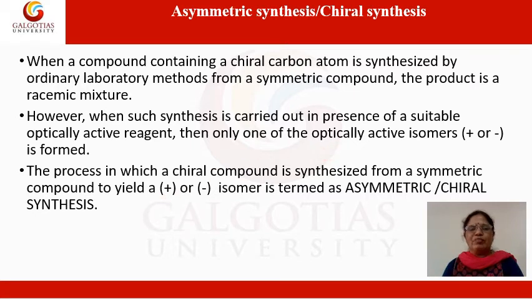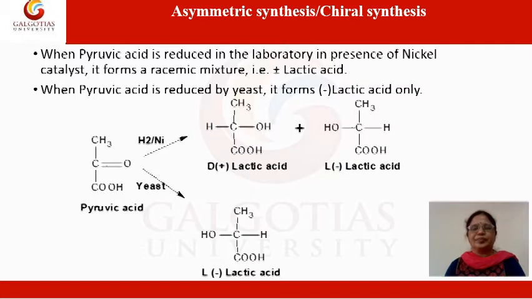So, from this we can easily understand the definition of chiral synthesis as a process in which a chiral compound is synthesized from a symmetric compound to form either a dextroisomer or a levoisomer is called as asymmetric synthesis or chiral synthesis.